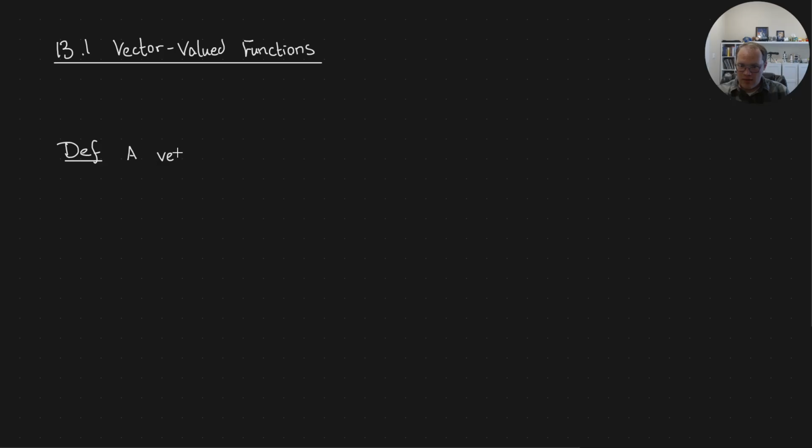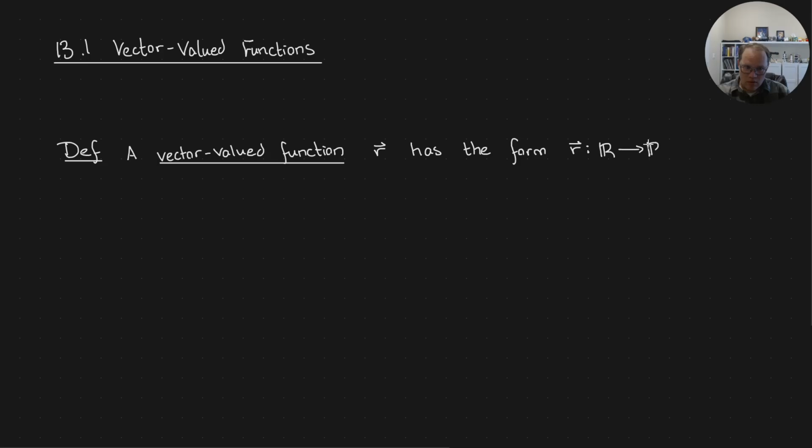So a vector-valued function R has the form like this.